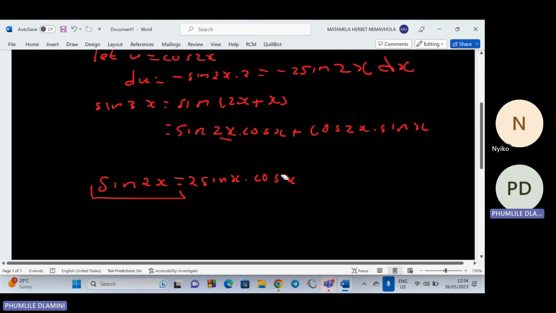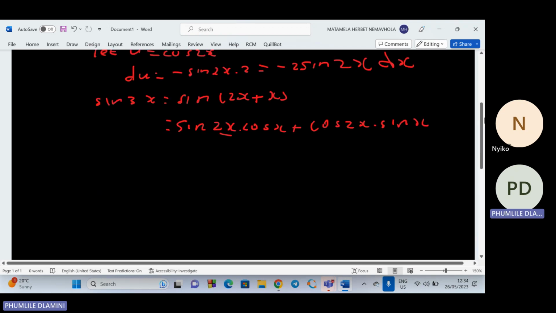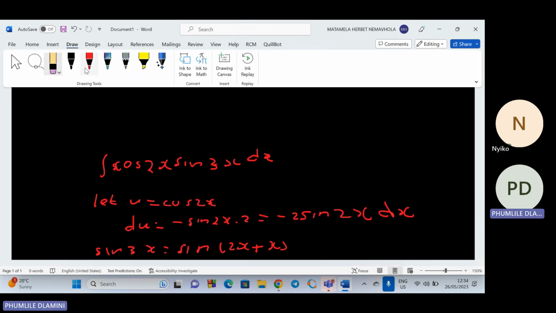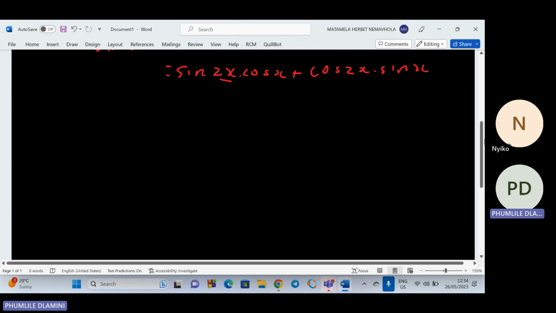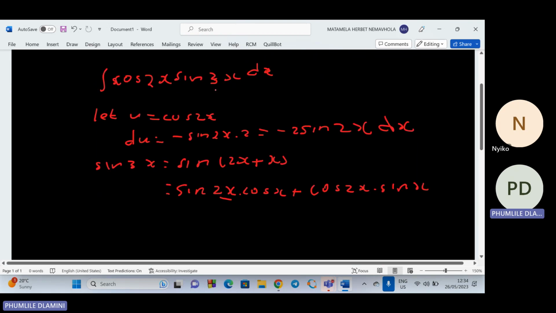If you want to go the long way, the only thing we can do is substitute back into this equation. Everything that we just did, we can substitute back for sine 3x.